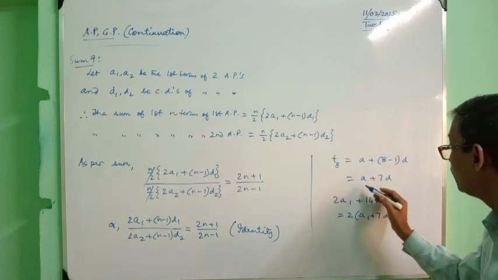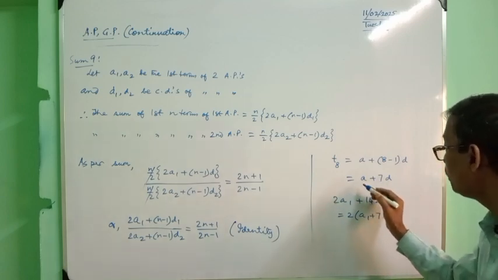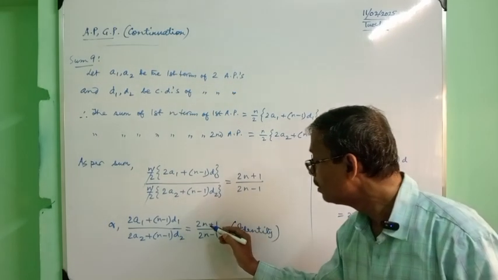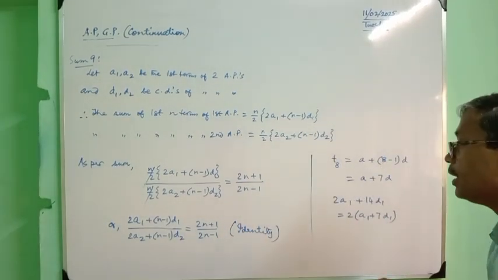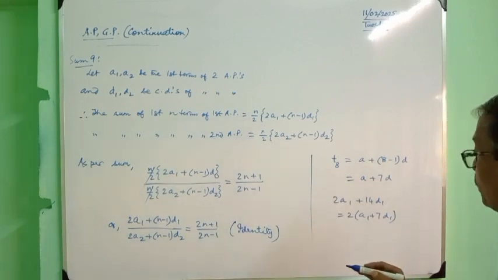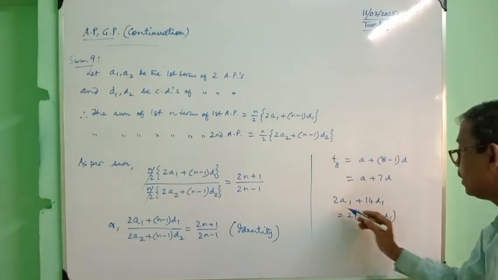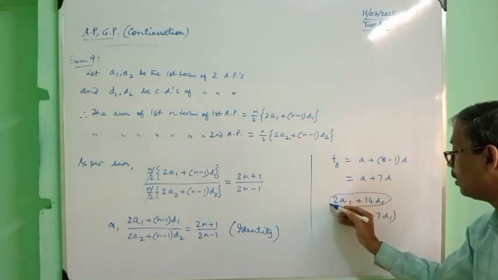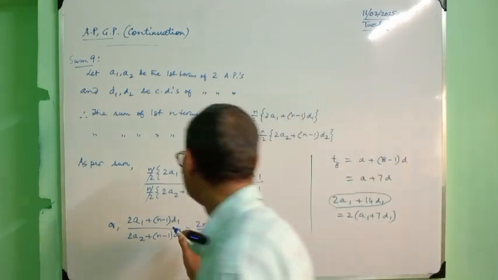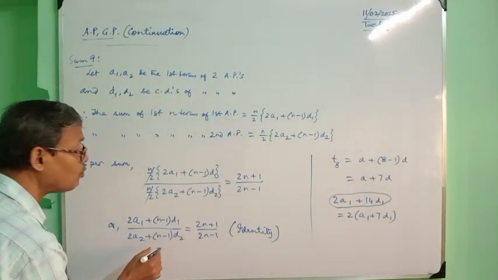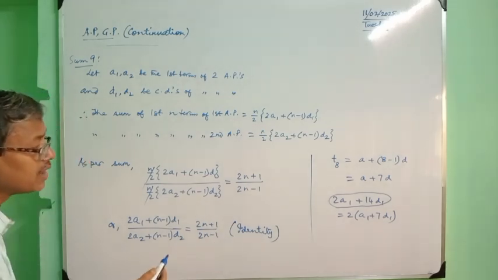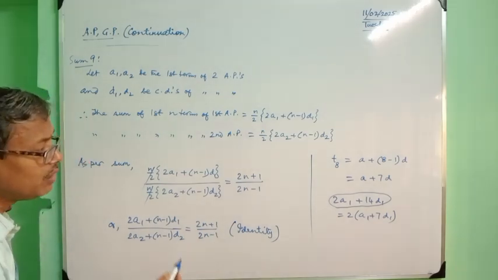Now to get A1 plus 7D1 divided by A2 plus 7D2, if we put n equal to 15, then the coefficient of D1, D2 both will be 14, and from each expression 2 will be a common factor, then 2 will be cancelled.